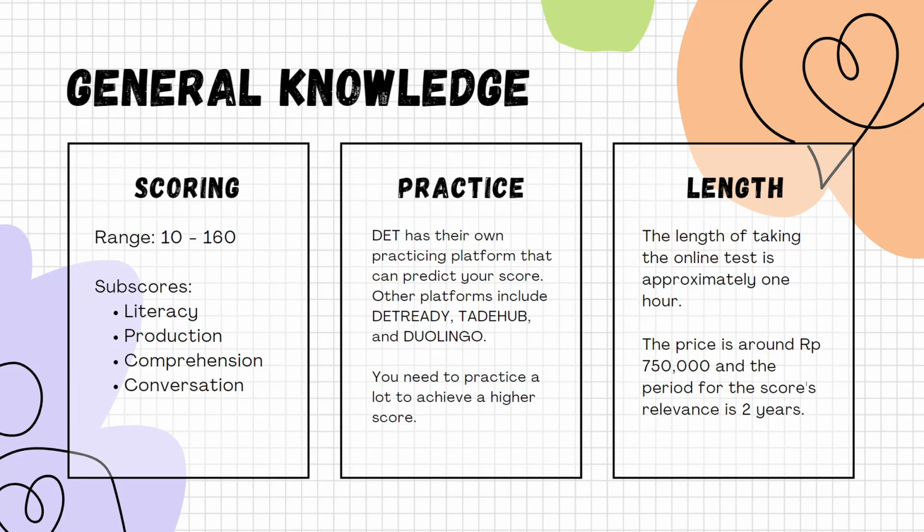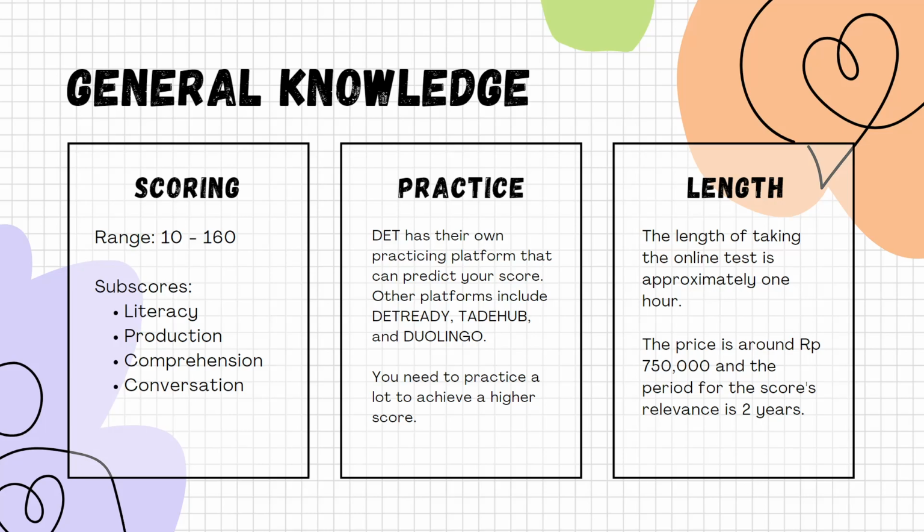That's where you want to secure your position. 125 is already very good, but if you're aiming for ISMA, I suggest you go higher than 130, or if it's ISMA in the US or Canada or Europe, you might want to have around 130, 140 as your minimum score requirement. The subscores are literacy, production, comprehension, and conversation, which we will discuss next.